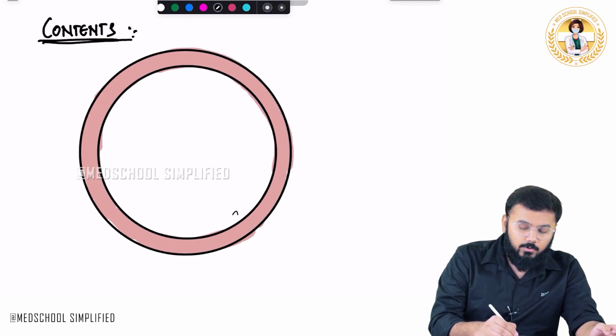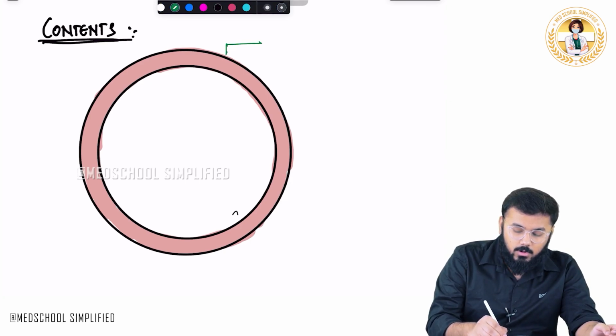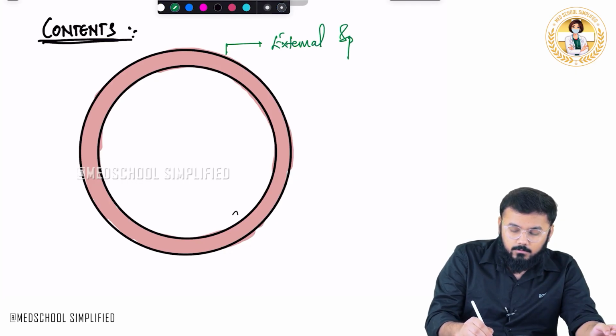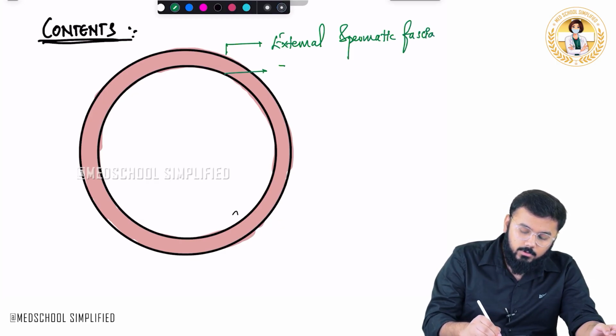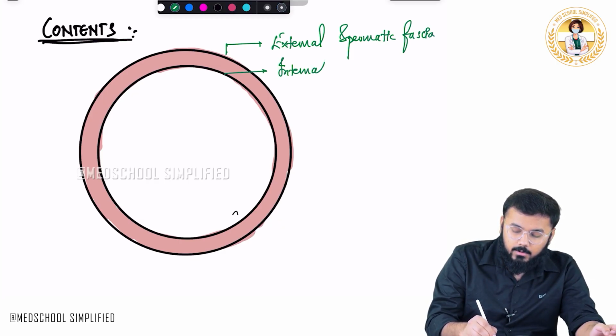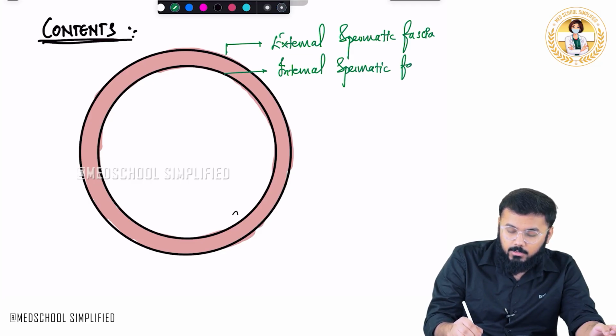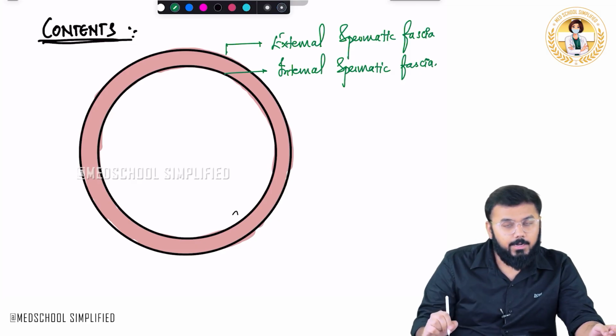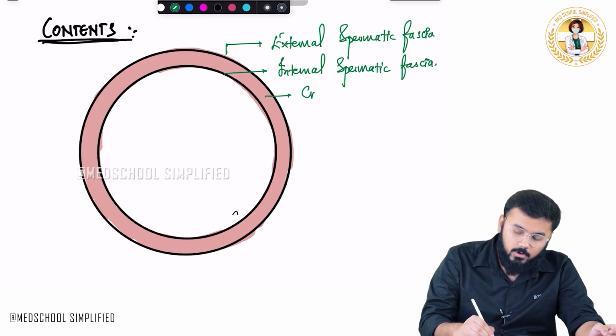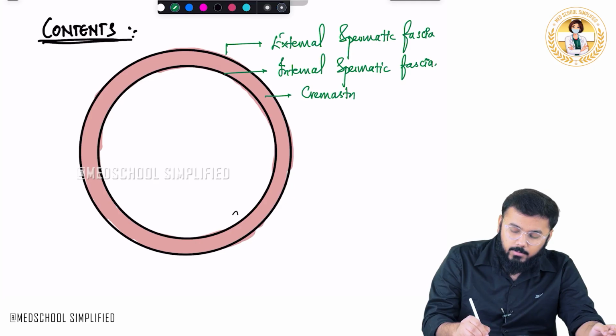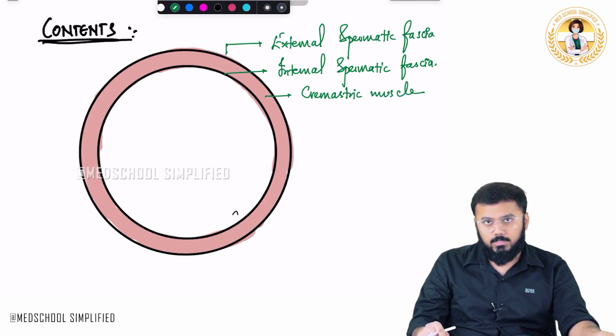So here you have a few important structures: external spermatic fascia, internal spermatic fascia, and in the center the cremasteric muscle and fascia.